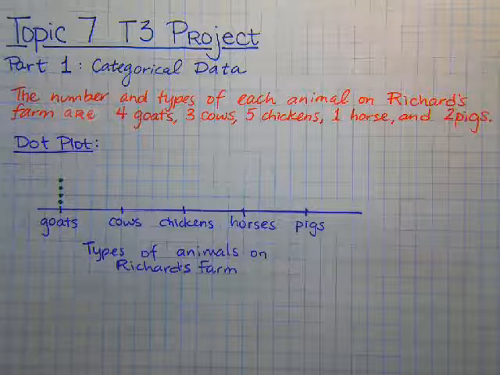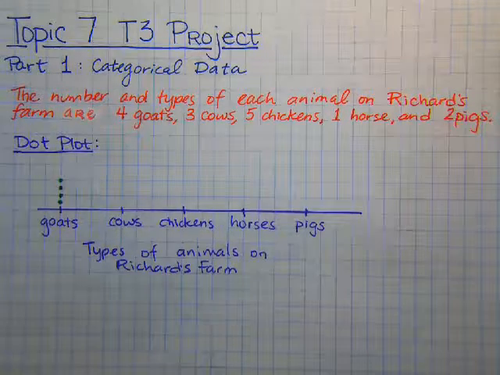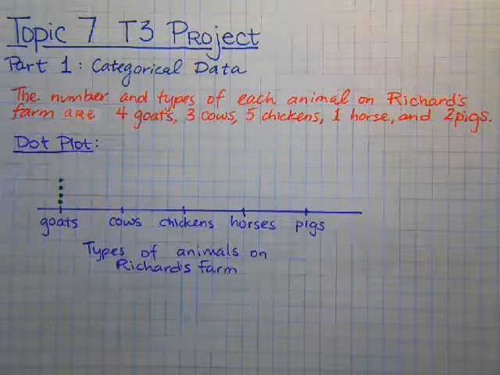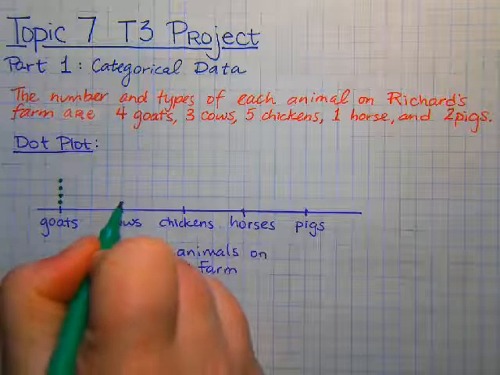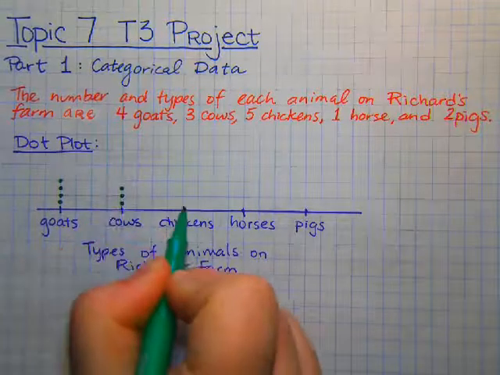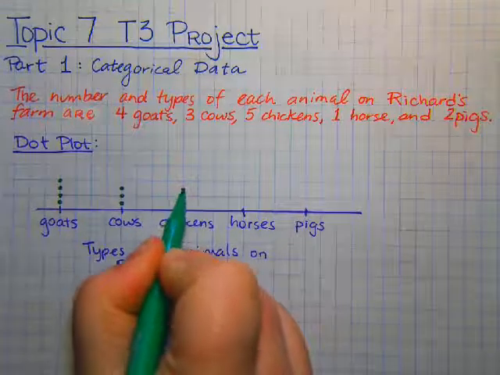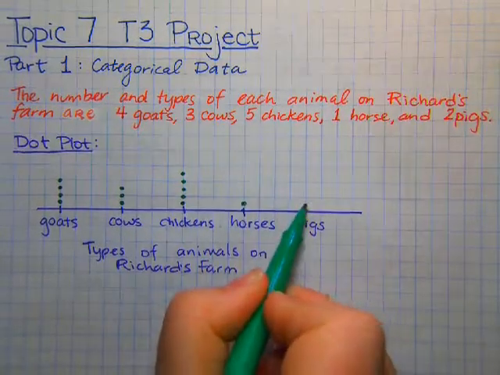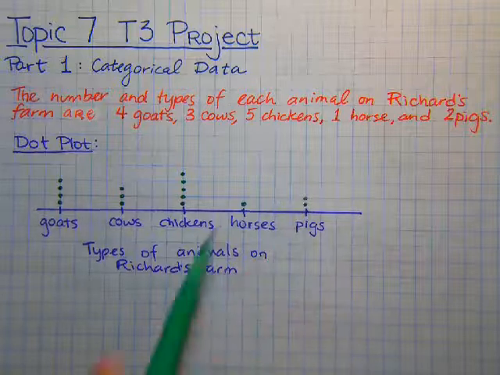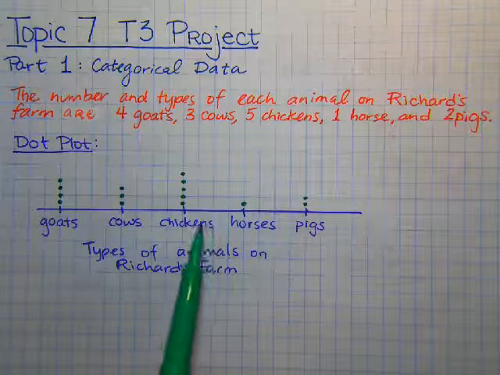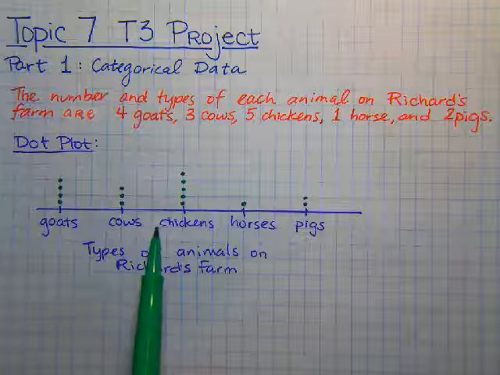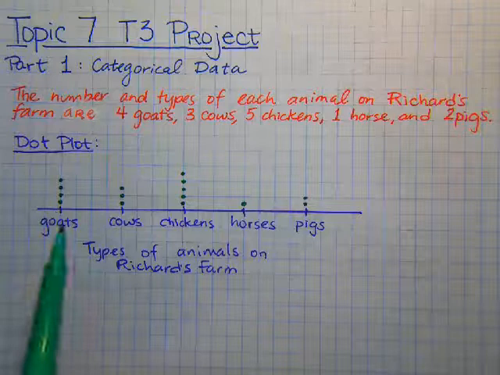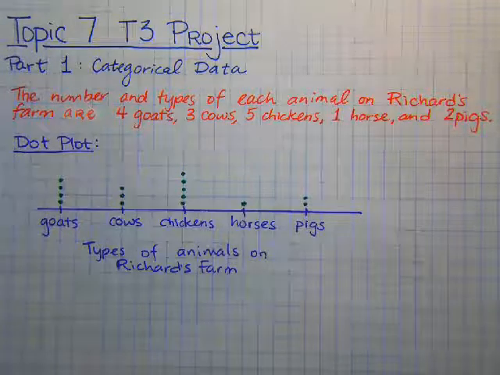Now again, I want to make sure that I'm the same so that they look relatively comparable. Otherwise, they wouldn't be able to compare them. So now horses is the lowest one because it only has 1. Chickens is the highest because it's got 5. And it's very clearly the highest. You might need to do a double check between goats and chickens, but then you say, oh, look, that actually works out.